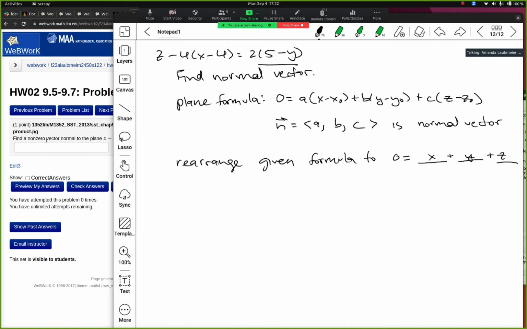Right here you see they're kind of on opposite sides, so you need to move that y term over. And then we're just going to read off a, b, and c in front of x, y, and z. And then that's going to give us the direction of the normal vector.